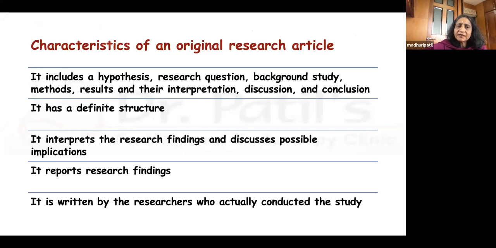So then what are the characteristics of an original research article? It includes a hypothesis, research question, background study, methods, results, and the interpretation, discussion, and conclusion. It has a definite structure. It interprets the research findings and discusses possible implications. It reports the research findings, and it is written by the researcher who has actually conducted the study.